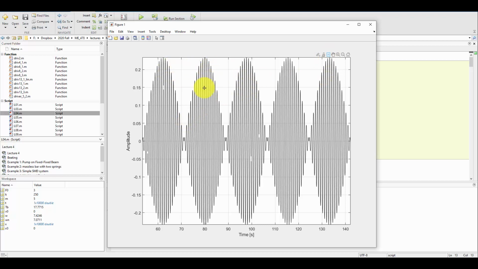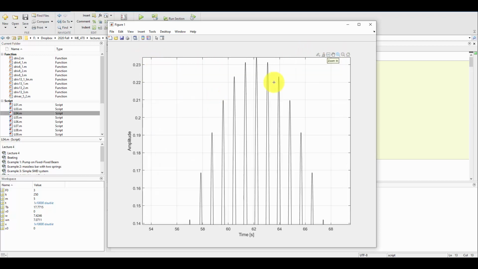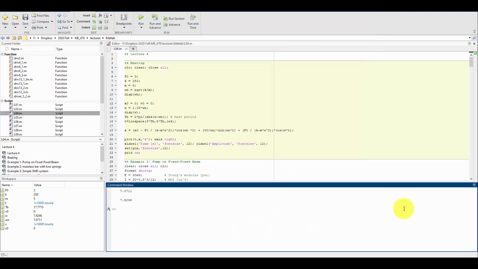So let's see some of these different frequencies that we're observing and get a rough calculation of where they're coming from. Let's zoom in a little bit just on 2 neighboring points, from this peak to the one before it. Okay, so time-wise, we have a peak at 62.21 and one at 61.34.